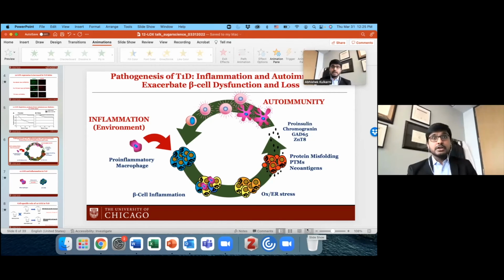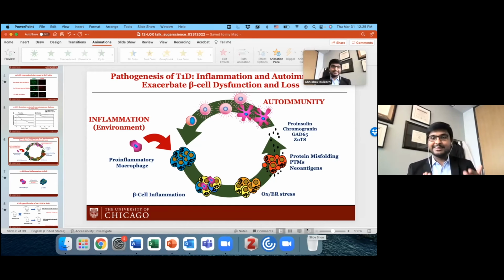So I think the two major factors that enhance the activity of 12 LOX are inflammation and oxidative stress. So it goes back and forth. It's chicken and egg.